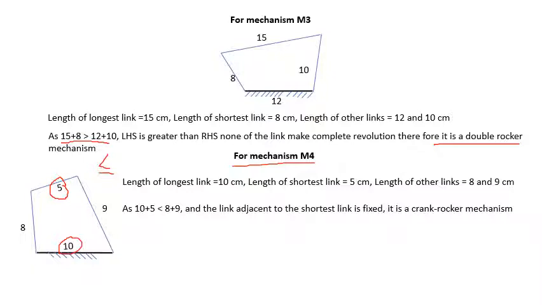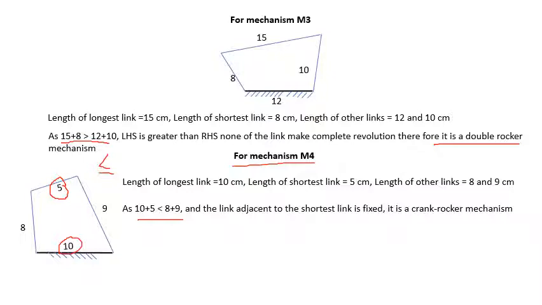So the link which is opposite to the shortest link is fixed. And also if we consider the Grashoff's condition, that is sum of the shortest and the longest link length should be less than or equals to the sum of the other two link lengths.